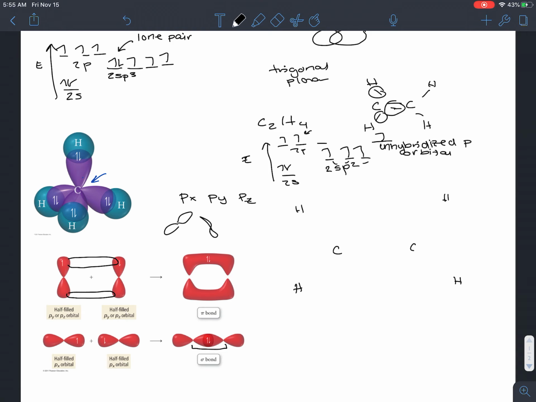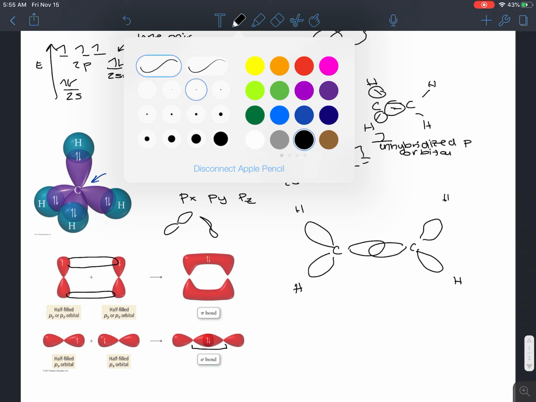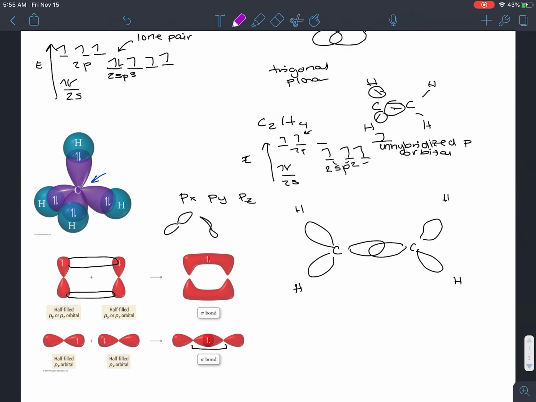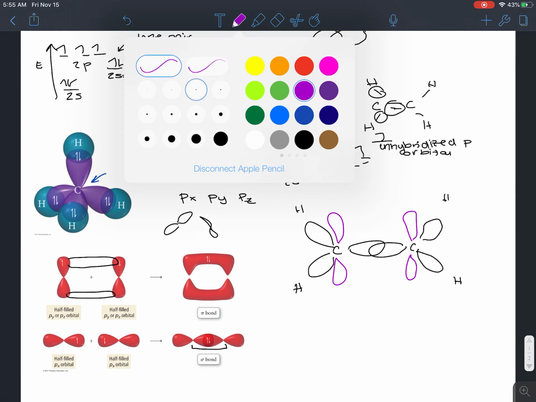So we will have the 1 sp2 orbital here, one here, one here. And then same with this carbon. These are sp2s. I'm going to change my color for the p. Now, I have my sp2 orbitals, and then I still have my p orbitals.